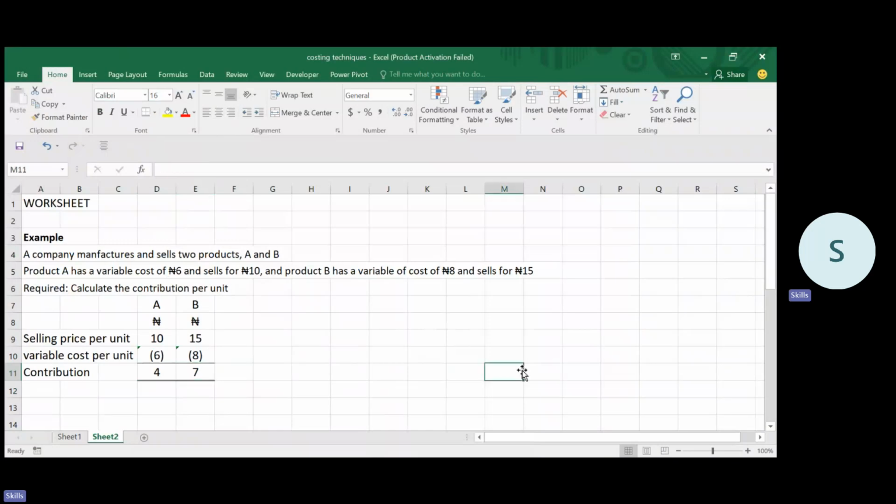So the total contribution from the two products will be 4 plus 7, which is 11 naira.